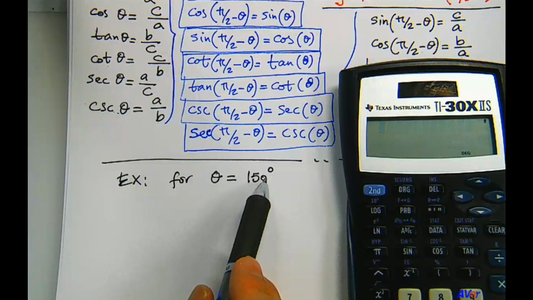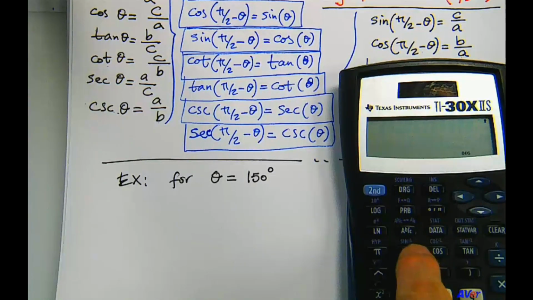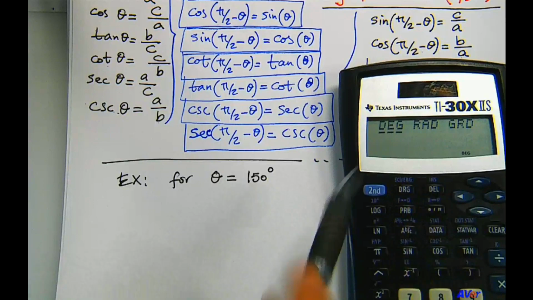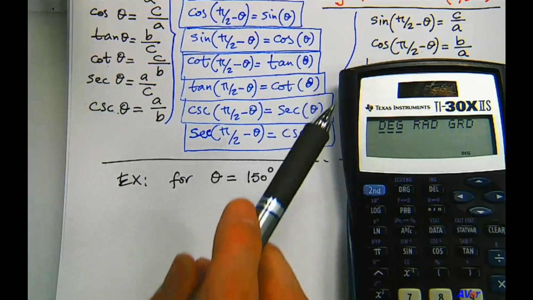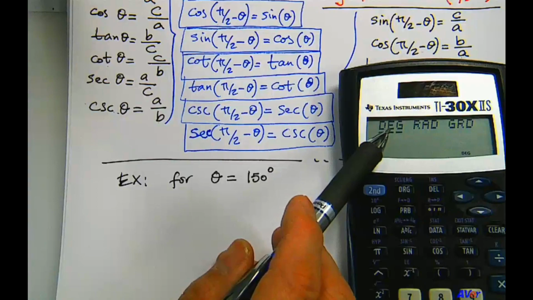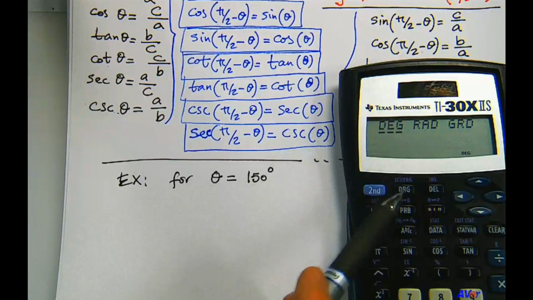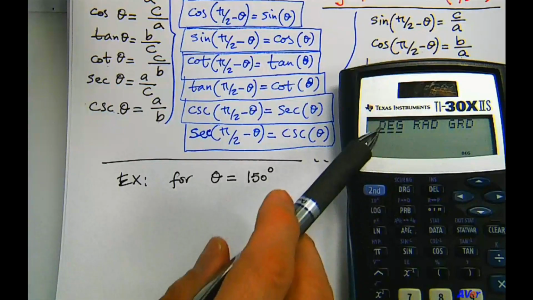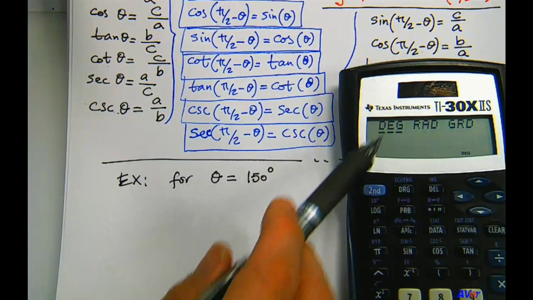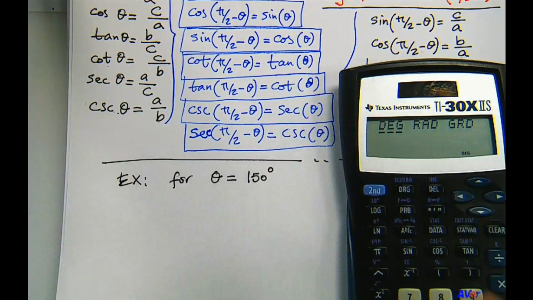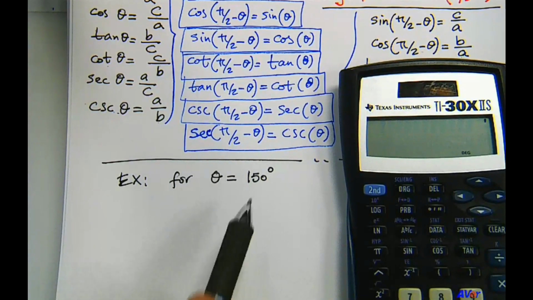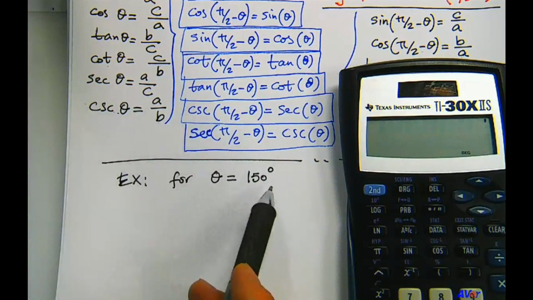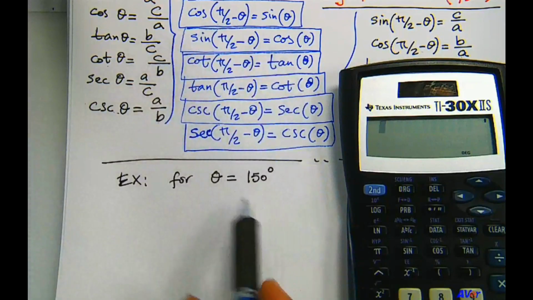So I'm using degrees, and I want to show you here, if I click this, see the degree here is underlined. So it means that my calculator setting currently is set to degrees, okay? And I'm using degrees. So I'm fine here. Okay, so let's test this with any of these.